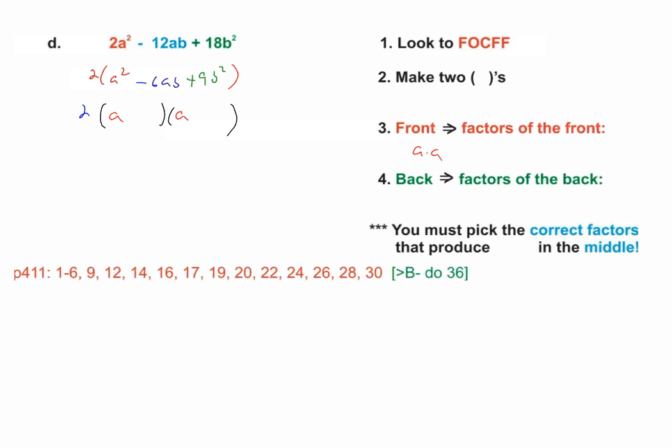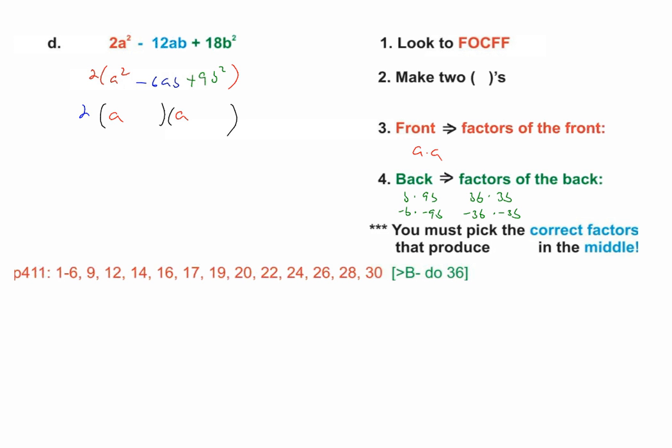Like b times 9b, 3b times 3b, negative b times negative 9b, and negative 3b times negative 3b. What are you after? A negative 6ab in the middle. That's what you're after. Make sure you know where you're aiming.